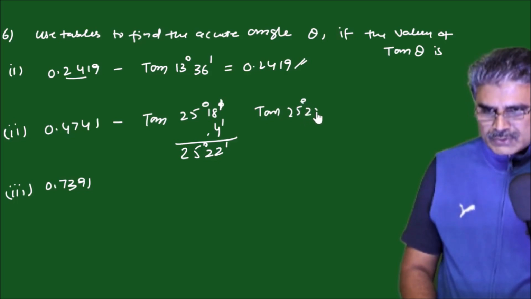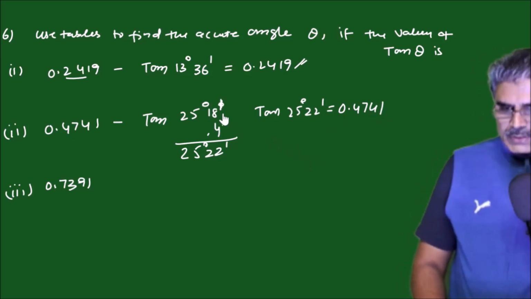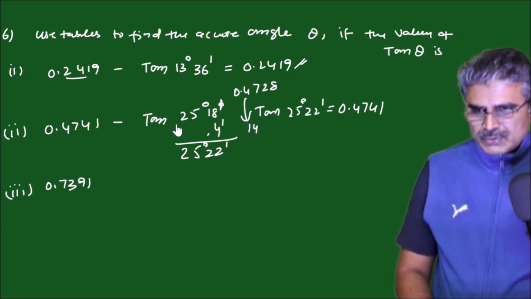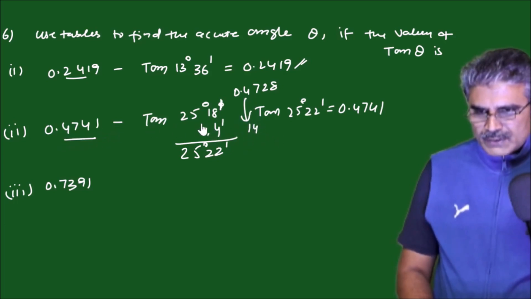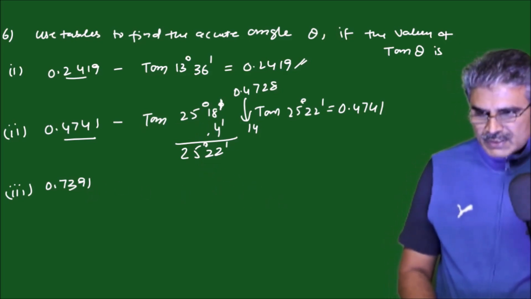Tan 25 degrees 22 minutes will give the value of 0.4741. So for 25 degrees 18 minutes you will have 0.4728, and for 4 minutes you have a mean difference of 14. If we add these two, you will get the required one, and the angle is 25 degrees 22 minutes. Consider the next one, 7391.